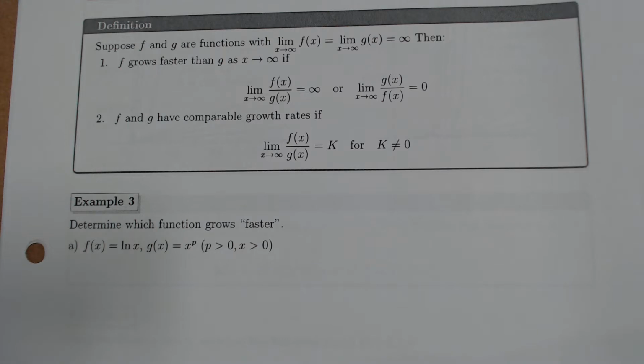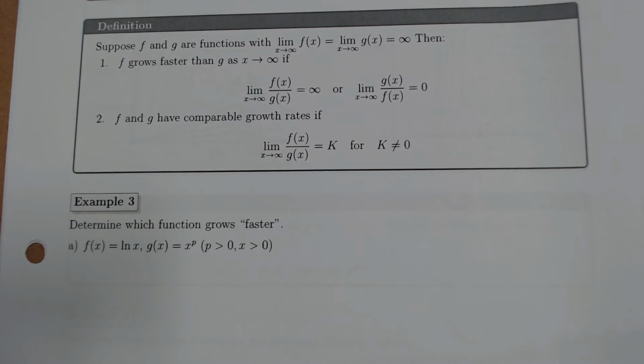On the other hand, if we set it up the other way, g over f, and the limit is 0, that means the function in the denominator grows at a larger rate, and for larger values of x the limit is 0.